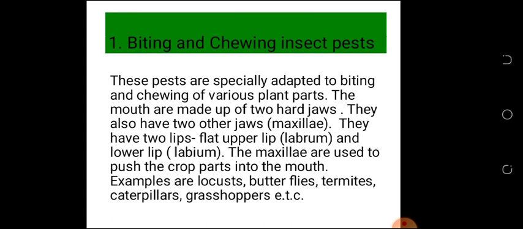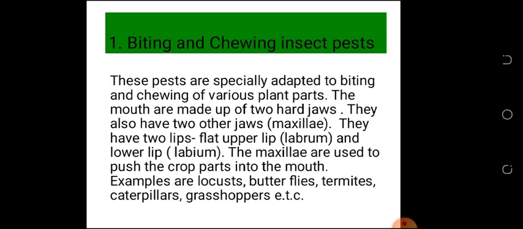These pests are specially adapted to biting and chewing of various plant parts. The mouth is made up of two hard jaws. They also have two other jaws, maxillae. They have two lips. The first one, the flat upper lip, which is called labrum.